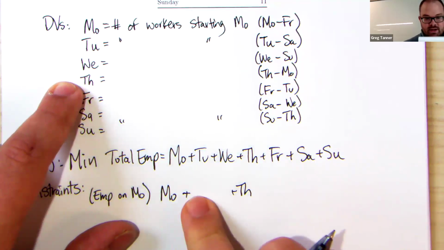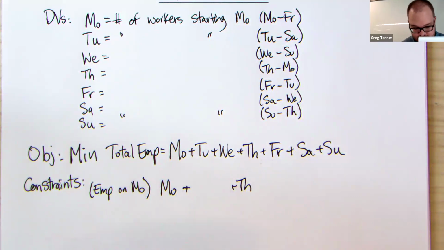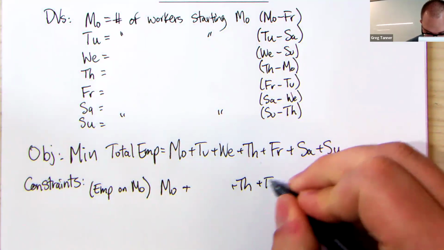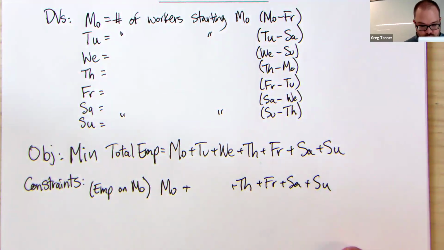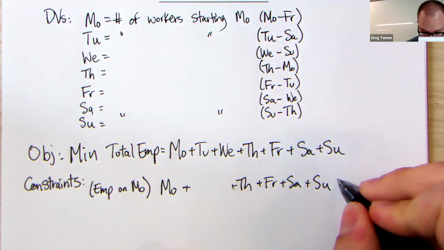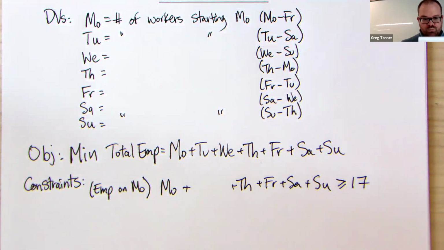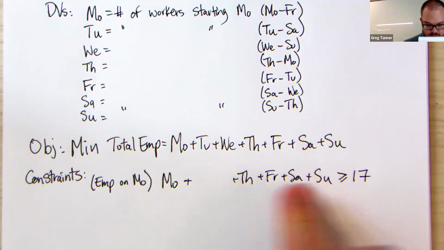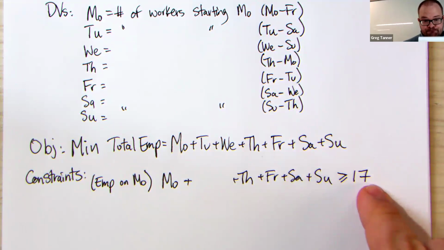You can think of it as there's no Tuesday workers and no Wednesday workers. But then Friday, Saturday, and Sunday workers are all also working on Monday. And that has to be at least 17 workers. So the total workers working on Monday, that's what this expression represents, must be at least 17.